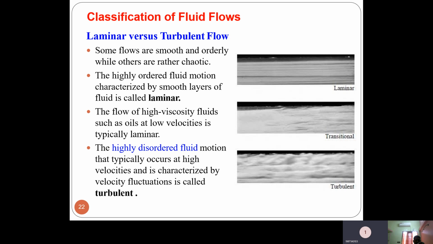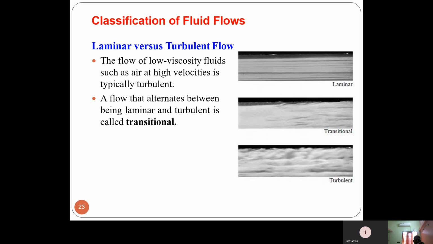Another side: laminar and turbulent. The flow of low viscosity fluids such as air at high velocities is typically turbulent. The flow that alternates between being laminar and turbulent is called transitional.